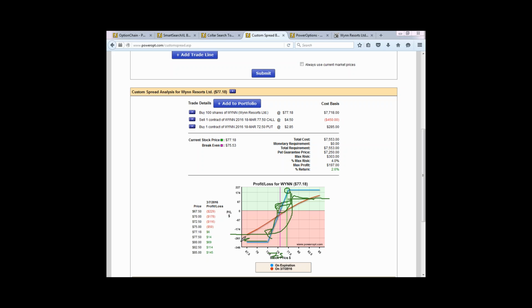I still have the floor in place, so I'm comfortable with that. If it continues to fall more, can I just close the stock and let the put ride? No, because I have the short call. That would leave a naked call open, which might adjust my entire margin requirement for this position in my risk-reward profile. Can't do that.